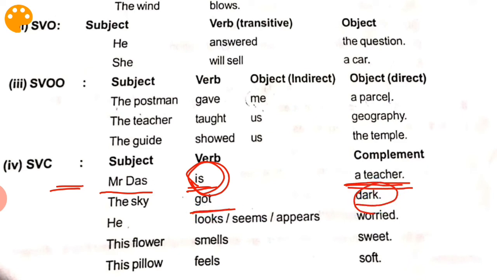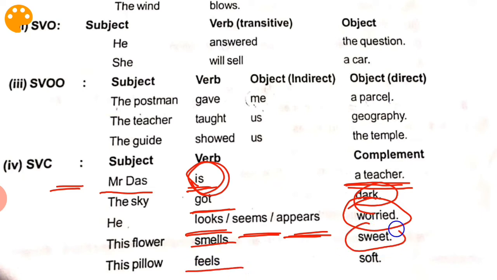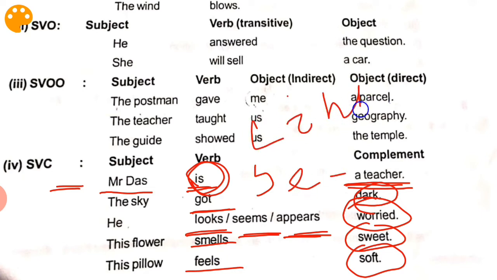The complement comes. Look, seems, appears, these are link verbs. After a link verb what comes? The complement comes. Smells, feels, also just like that. Sweet, soft, these are the complements, because after a be verb and link verb the complement comes.